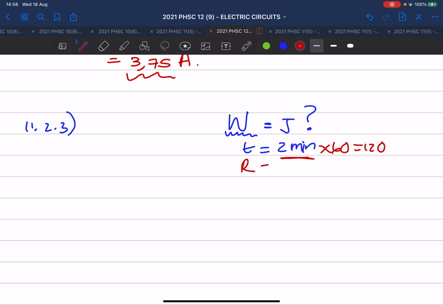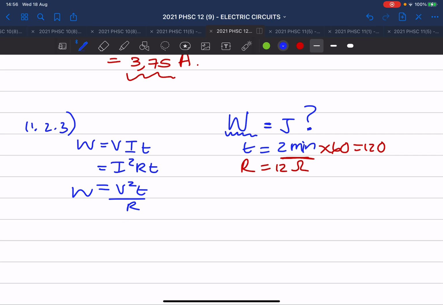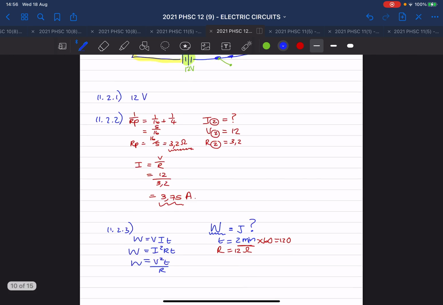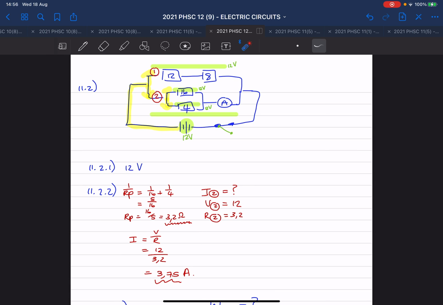And they say we must look at the 12 ohm resistor. Now, if you look at your formulas, you have work is volts times current times time, or current squared times resistance times time, or volts squared times time over resistance. Those are the formulas that you can use. For the 12 ohm resistor, do I have the volts?